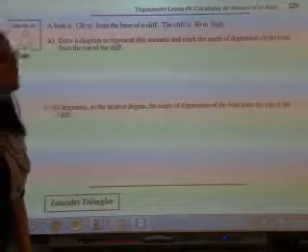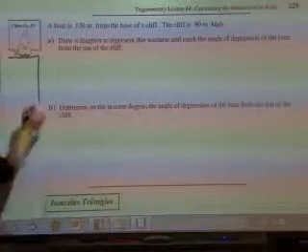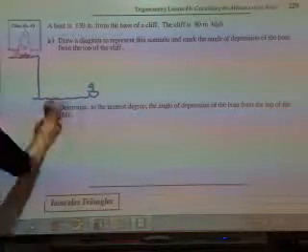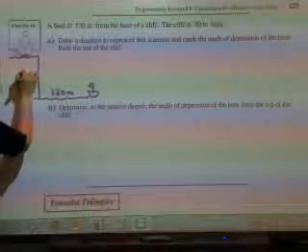So let's move to the next example. A boat is 130 meters from the base of a cliff, and the cliff is 80 meters high. So we have a cliff. Here's my water, here's my boat. The boat is 130 meters away. The cliff is 80 meters high.